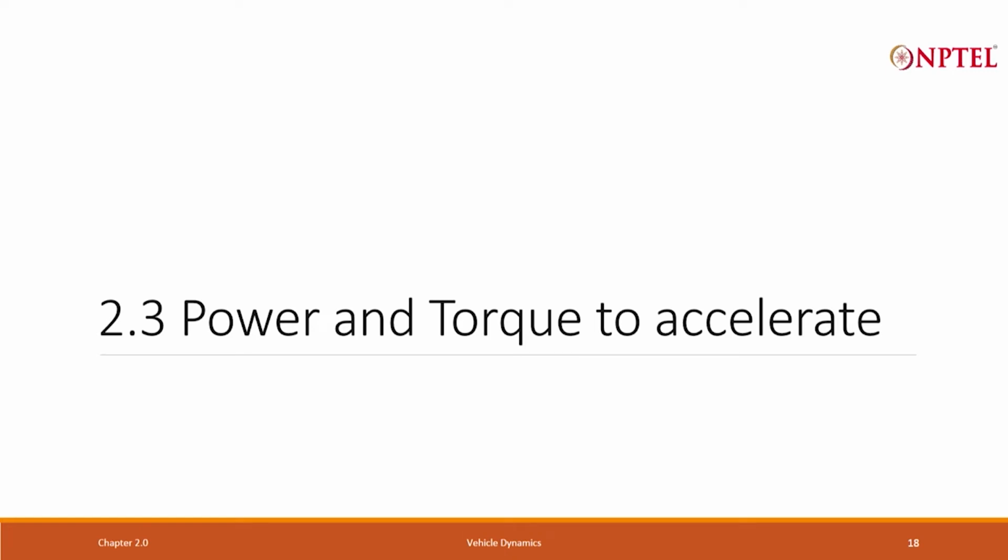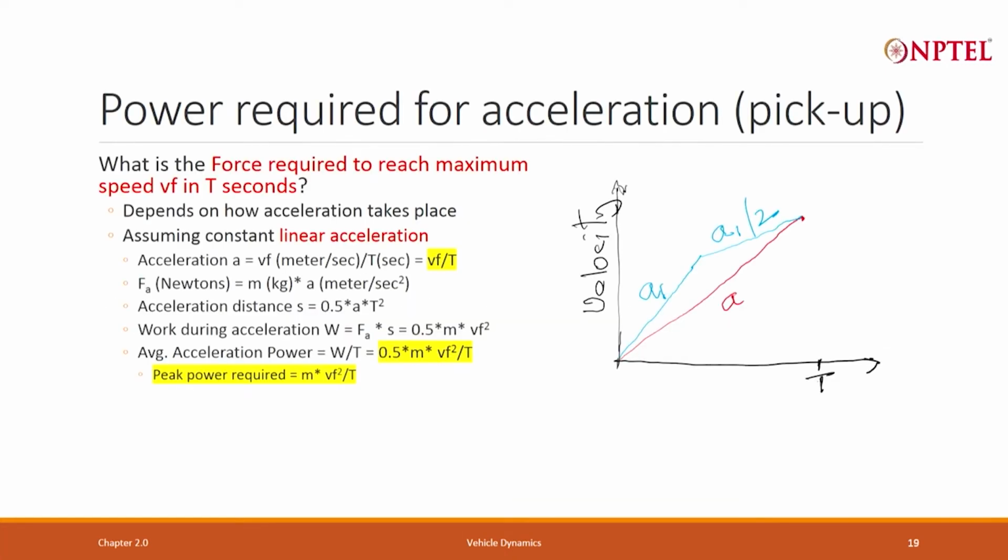We finally also went into the power that you require to accelerate, and we talked about two ways that you can accelerate. One is constant acceleration, where you reach a certain velocity in a certain time t, that is called pickup. Another is you accelerate more in the beginning and less later on.